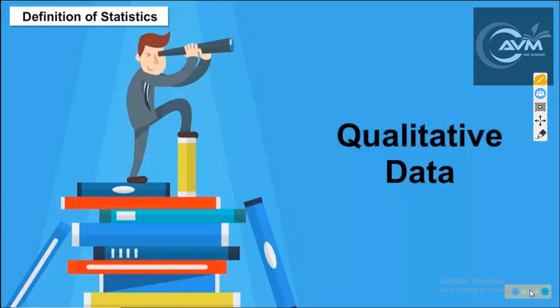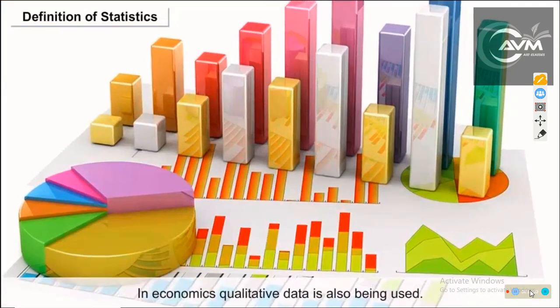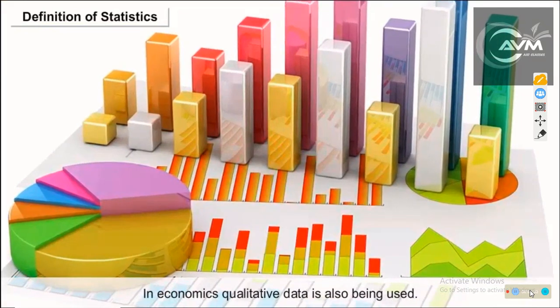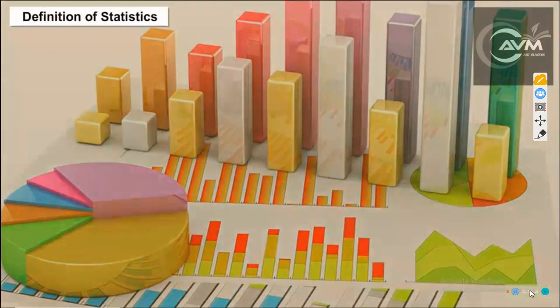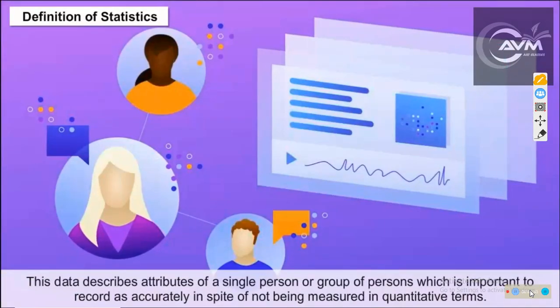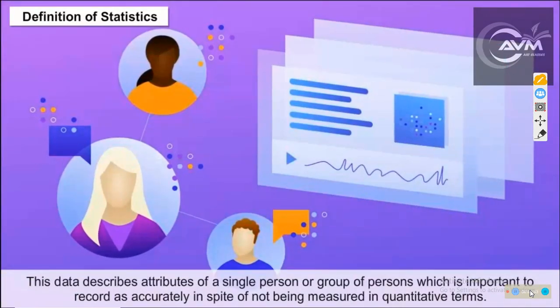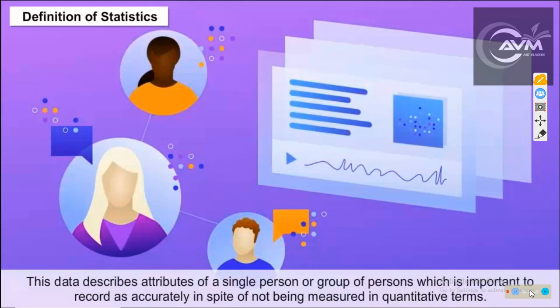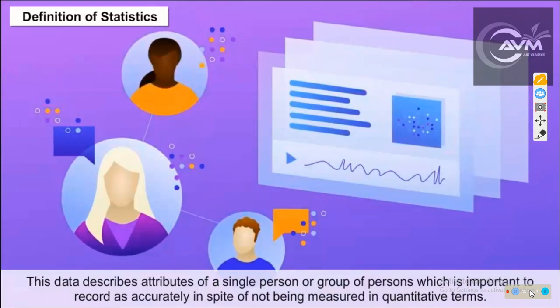Qualitative data. In economics, qualitative data is also being used. This data describes attributes of a single person or group of persons which is important to record as accurately as possible, in spite of not being measured in quantitative terms.